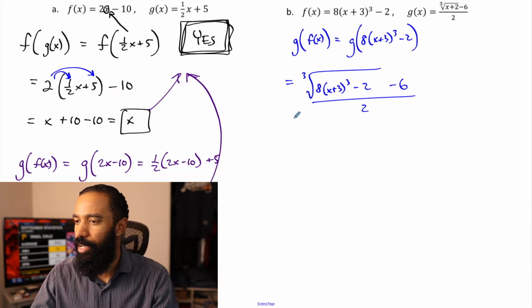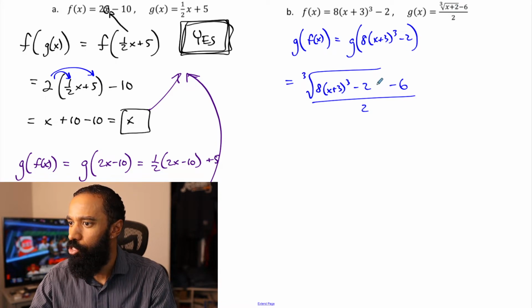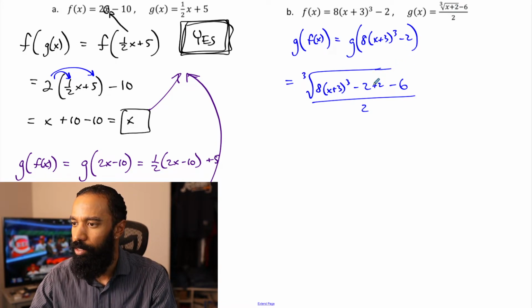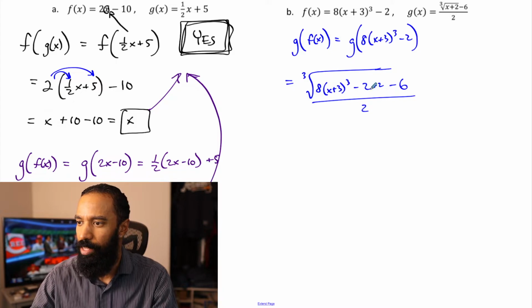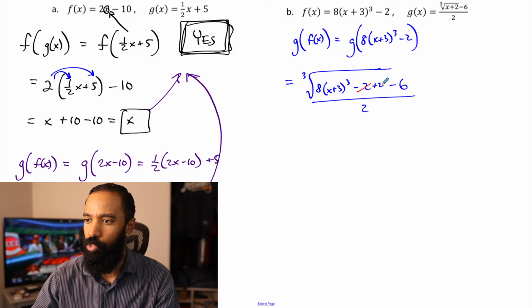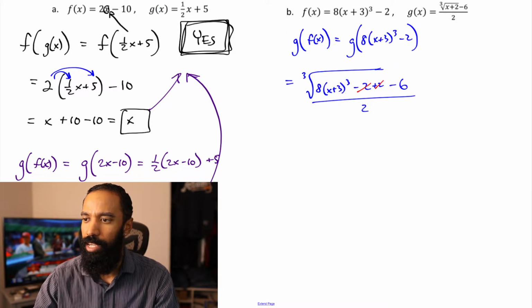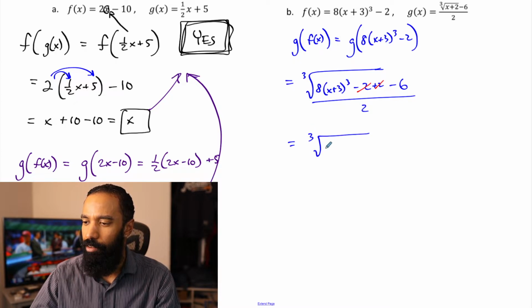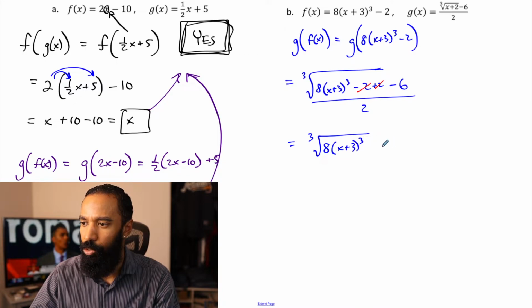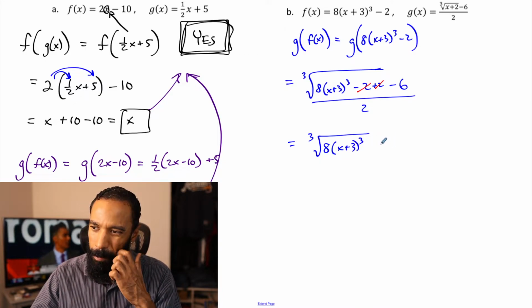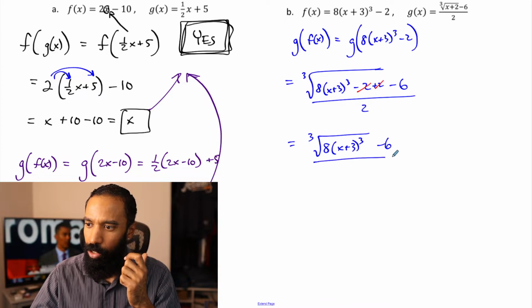So right here, I'm sorry, there's a plus 2 inside right there as well. So this plugged in right there. Negative 2 plus 2 actually goes away right there. And inside the cube root, minus 6 is not a part of the cube root there. But inside the cube root right here, we do now have the cube root of 8 times x plus 3 quantity cubed minus 6 all over 2.